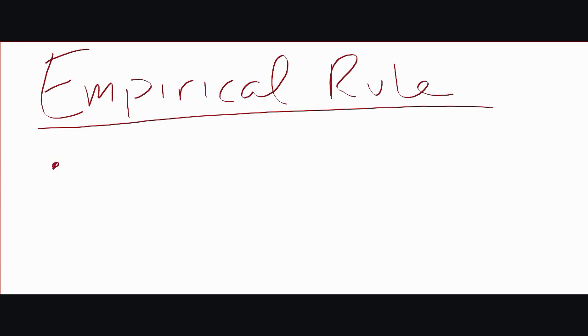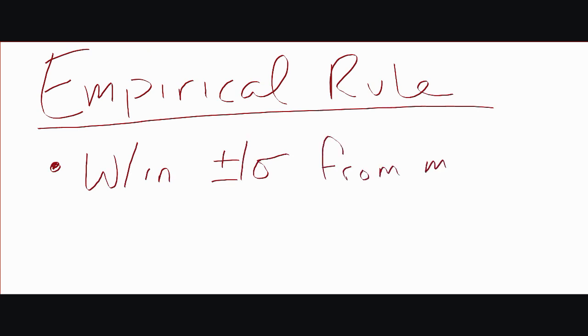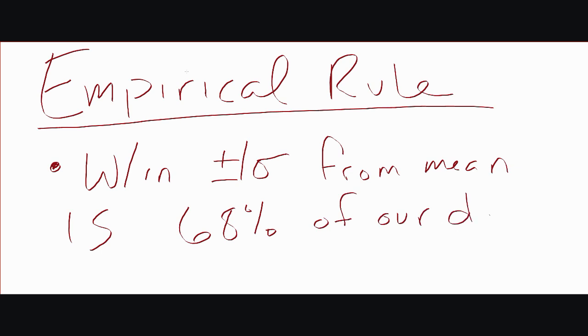So the first thing that we need to know about the empirical rule is this. Within plus or minus 1 standard deviation from the mean is 68% of our data. Now I'm going to give you all the pieces of the rules now, and then we're going to go over what that actually means. Don't worry. The empirical rule says, first of all, within plus or minus 1 standard deviation from the mean is 68% of our data.